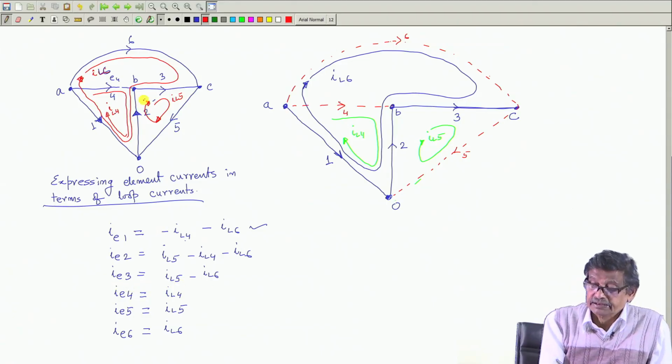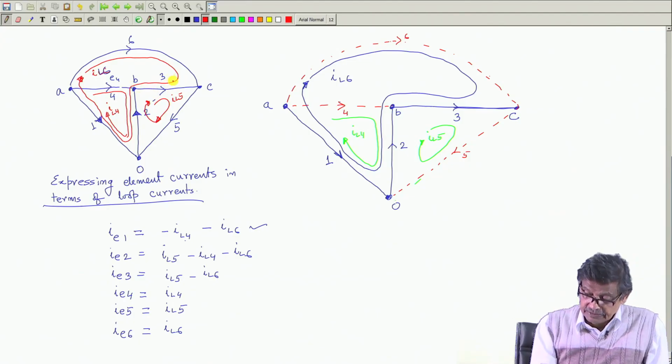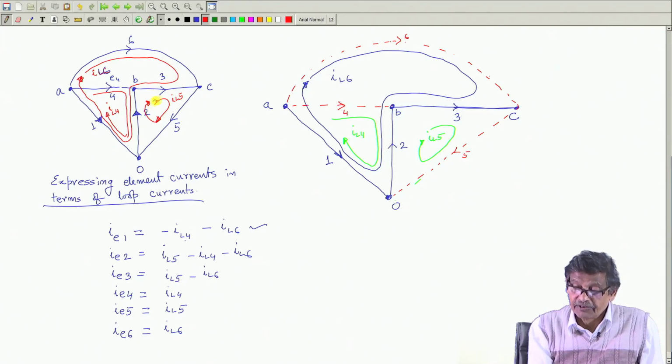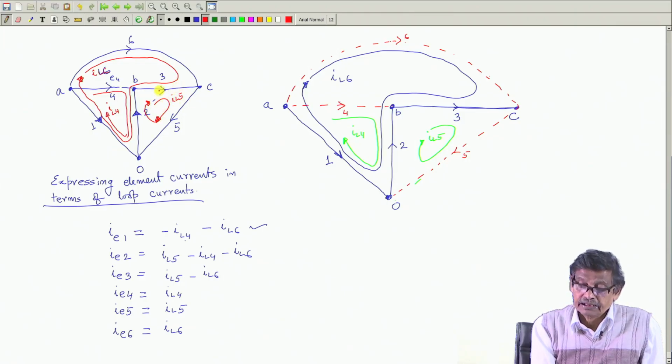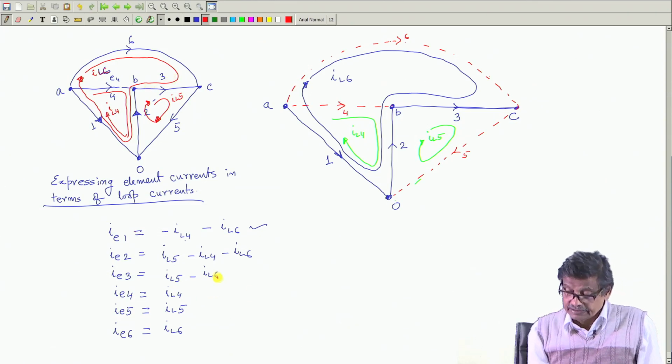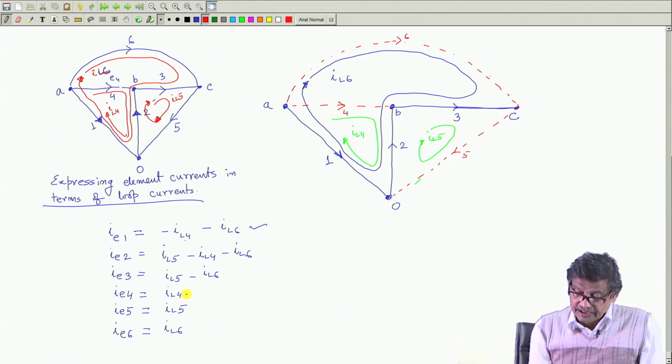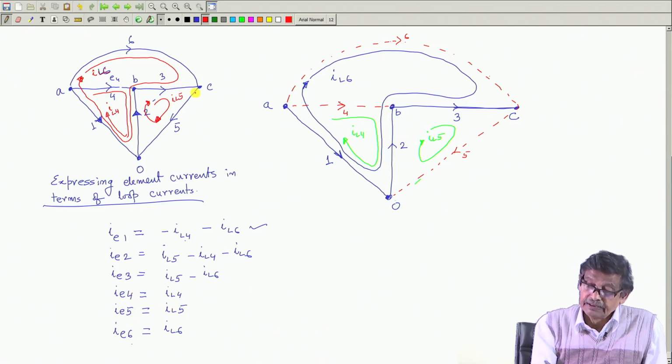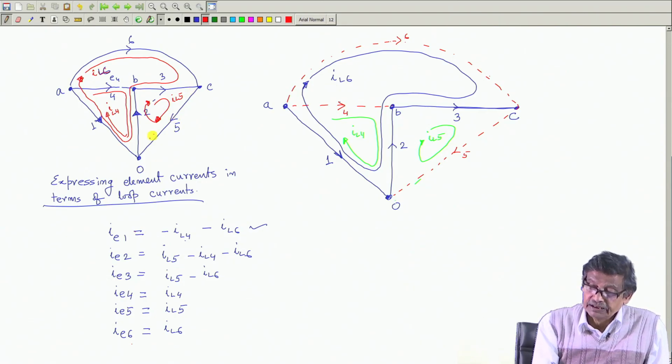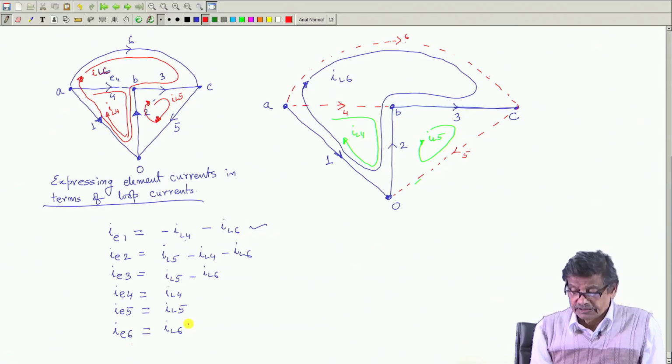Similarly, for IE3, this branch current, only two loops are crossing IE3, that is IL5, this is the arrow IL5, and minus IL6, that is all. And for IE4, IE5, IE6, they happen to be such that only the respective loop current, only one loop current, is involved. So, this is the thing.